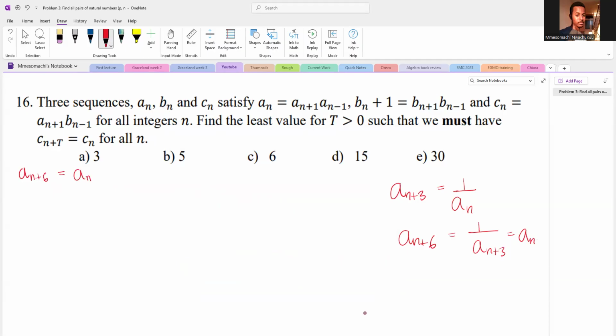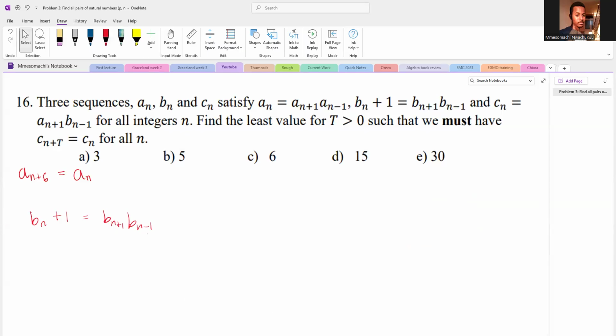That's nice. So let's look at the sequence b(n), see if we can get anything interesting. We have b(n+1) is equal to b(n) plus 1 times b(n-1). Let's see what we can get from here.